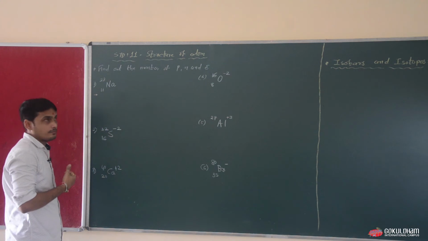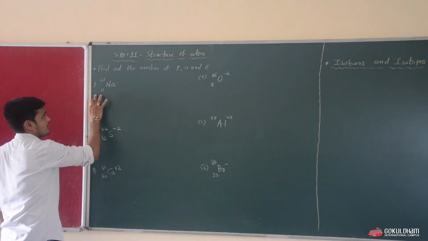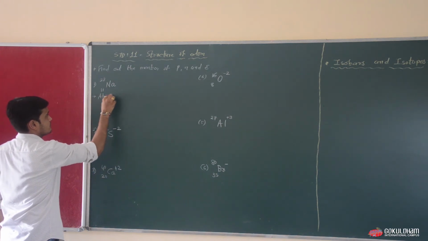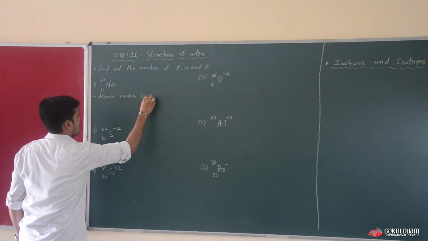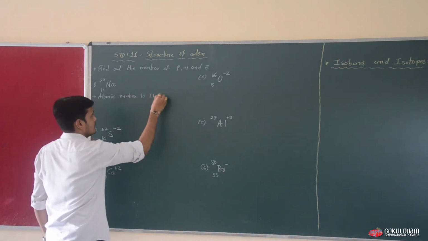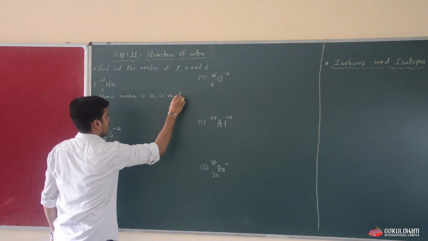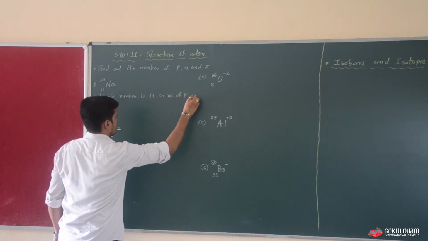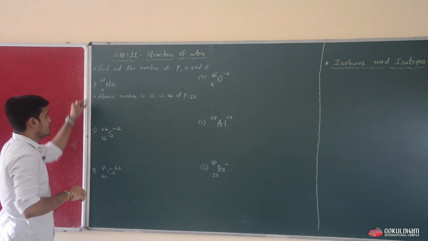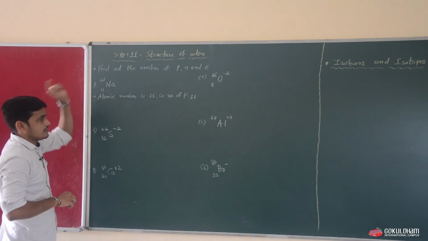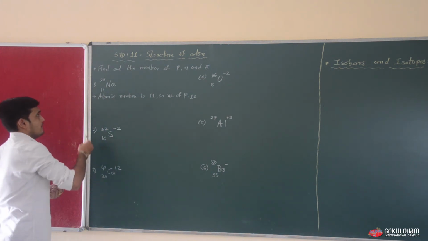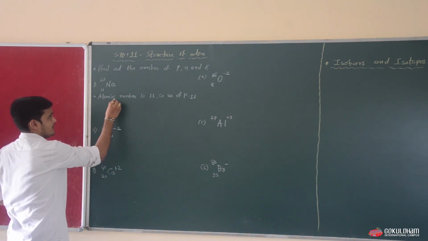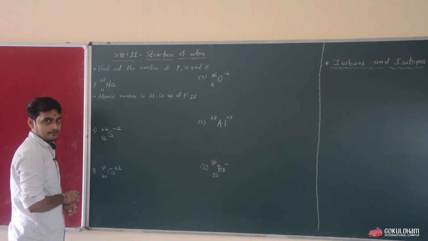The number of protons is equal to 11, because this is fixed as the atomic number. This atomic number is taken as Z.